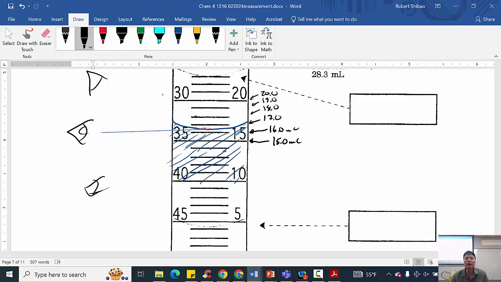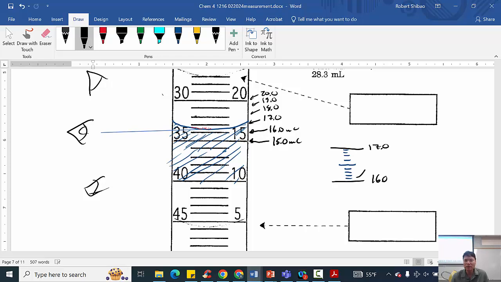Okay, so what I do is I divide this up into smaller subdivisions, and I do this by drawing a line mentally in the middle, and then I'll go 5, 4, 3, 2, 1, 0, 6, 7, 8, 9, 10. And so this would be my 16.0 mark here. This would be my 17.0.